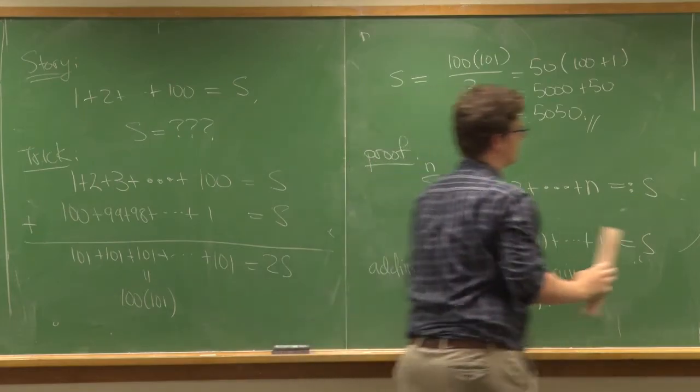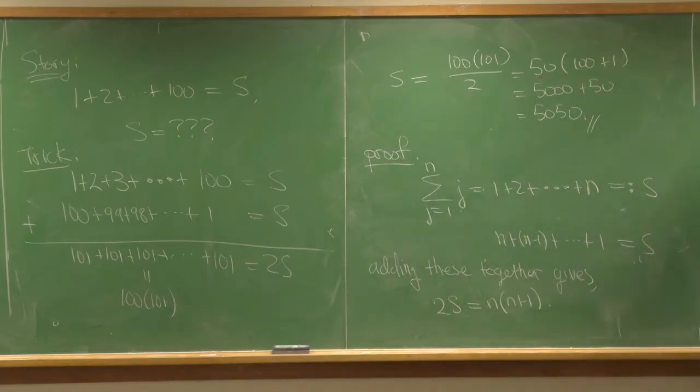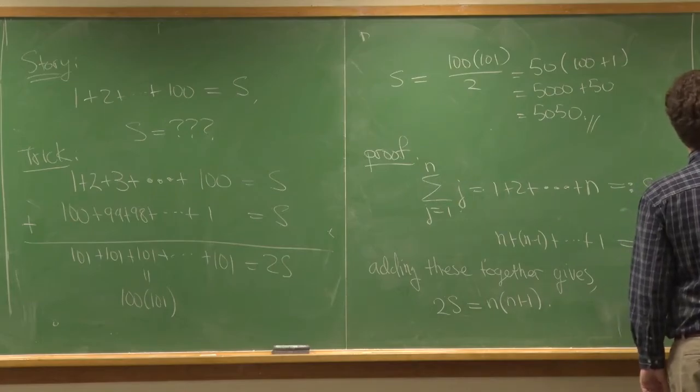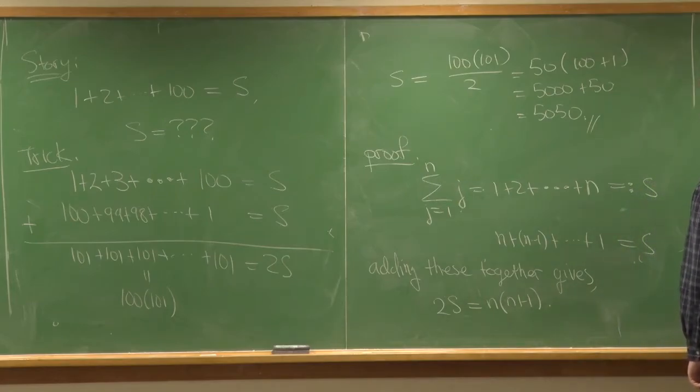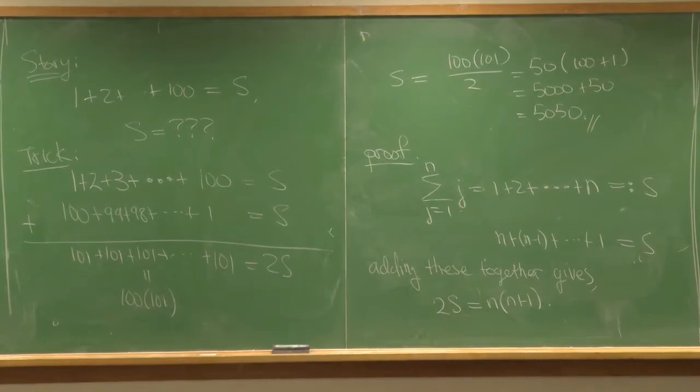And this allows us to show that s is equal to n times n plus 1 divided by 2. We could have also proved this by induction, by peeling off the terms, but this is kind of a direct proof of this one. And I think you should know this proof. This is a famous proof that everyone taking this class should know.